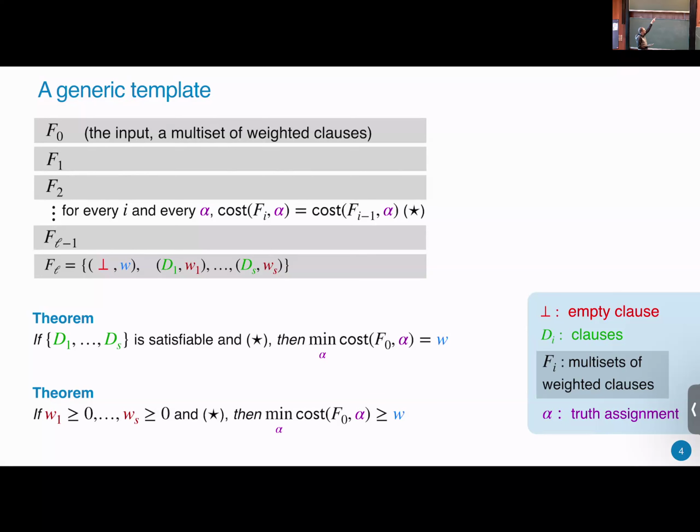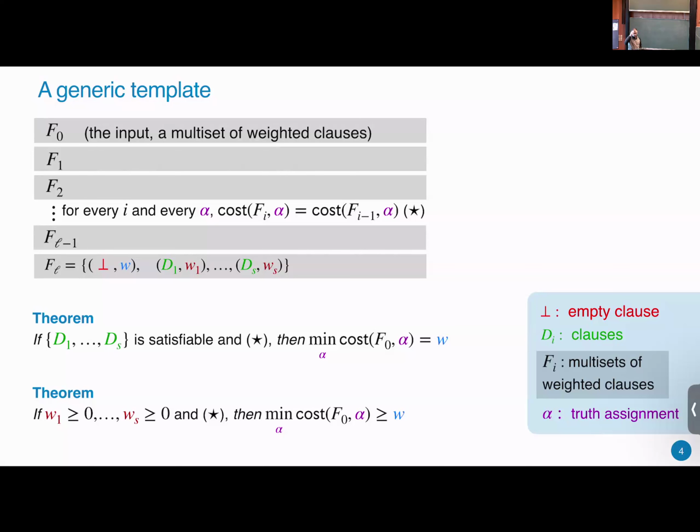Of the initial multi-set of clauses, the one that we actually cared about, the input. But if we only care about proving lower bounds for this quantity, it's enough, for instance, to have all the weights of the other clauses be non-negative. That will also certify that the minimum cost is at least some value.